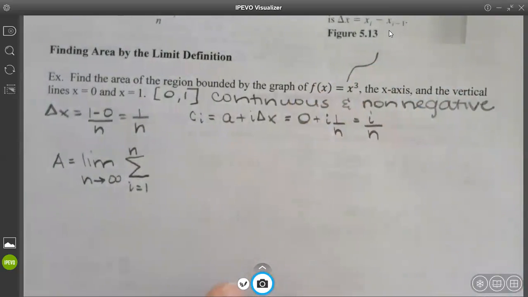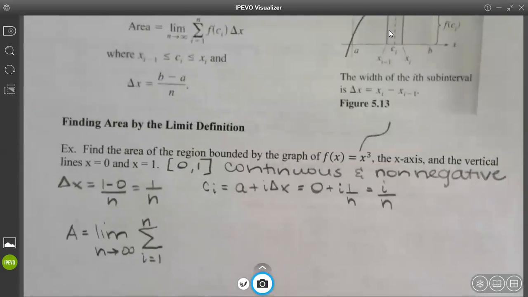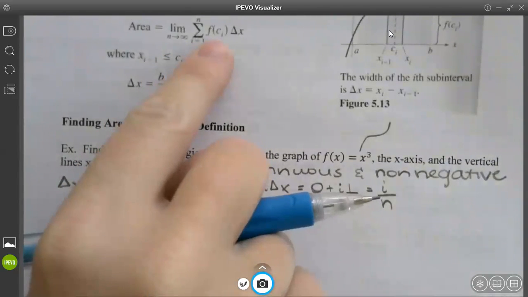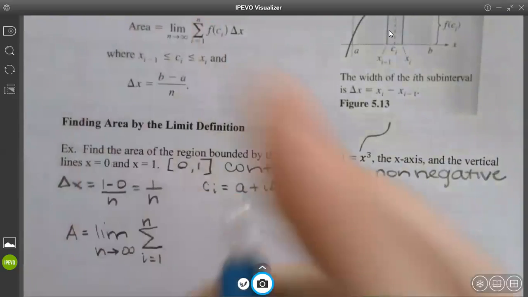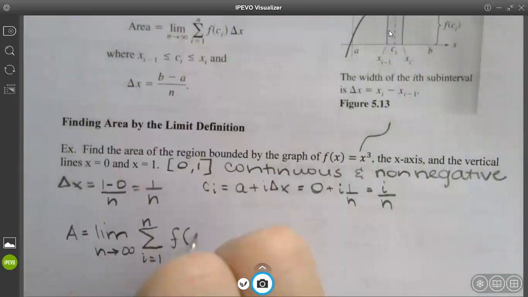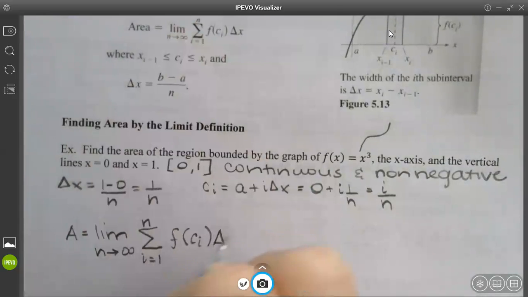Okay. The reason we have this, if I go back up to that formula, you guys see it says f of ci, right? Is everybody good? All right, so f of ci delta x, this means plug that into the function. What was our function? x to the third.